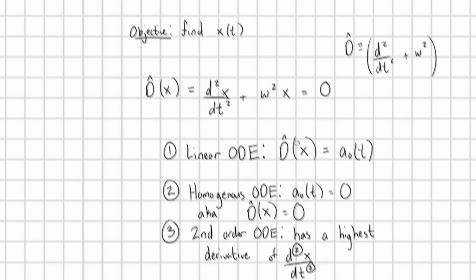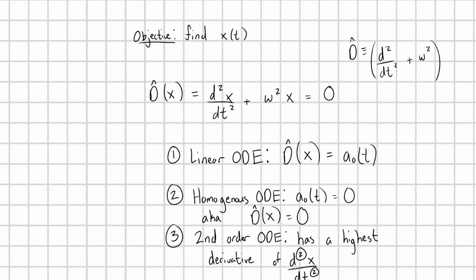So to summarize all of these three properties in English, we have that our ODE here is a linear, homogeneous, second order differential equation. Those are all key descriptors of this equation.